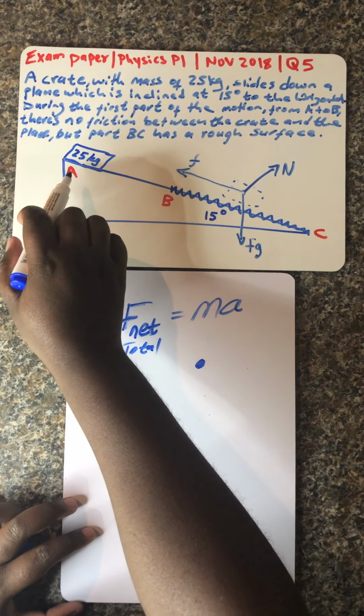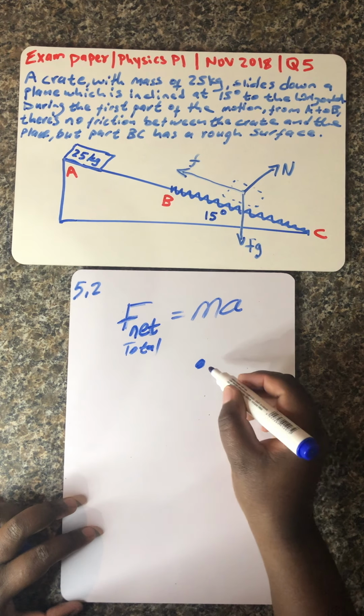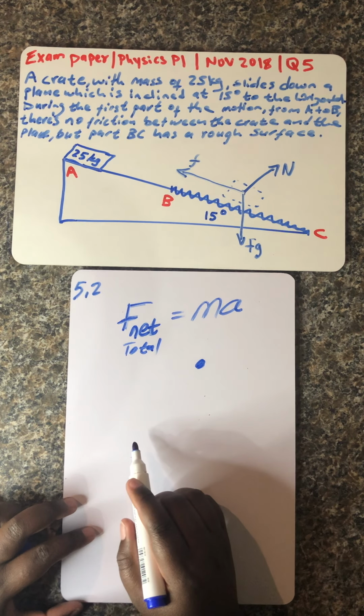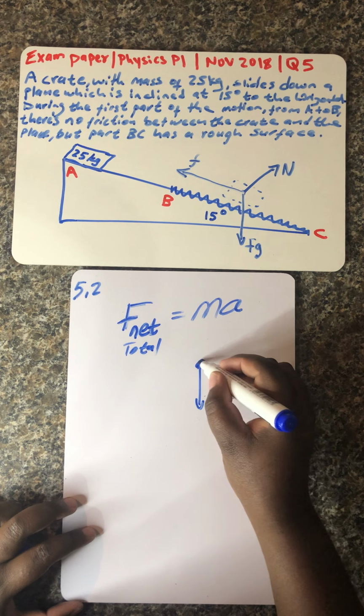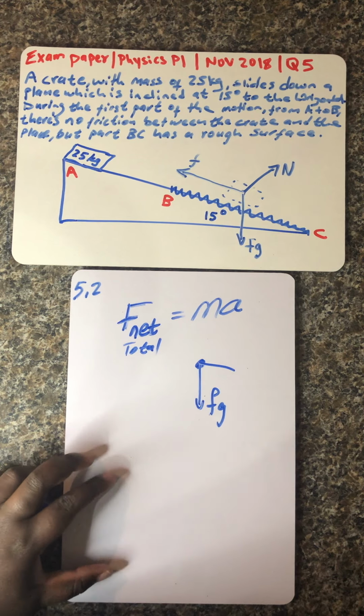So when that crate moves from A to B, let's see, this is the force that we have got, which is force of gravity, and the other force that we've got is force normal.